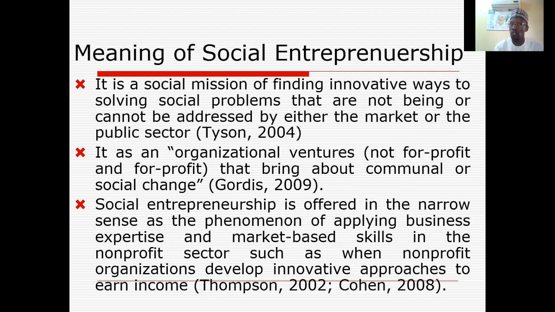Social entrepreneurship is not using a grant from other people, or donations, to solve a particular problem. It is about sustainability, because when the grant is not coming, what is going to happen to your venture if you don't have a business-like way of earning your own income? Social entrepreneurship is all about using business-like methods or processes so that you can generate money to sustain your venture, to be able to solve the problem you are targeting with your intervention.